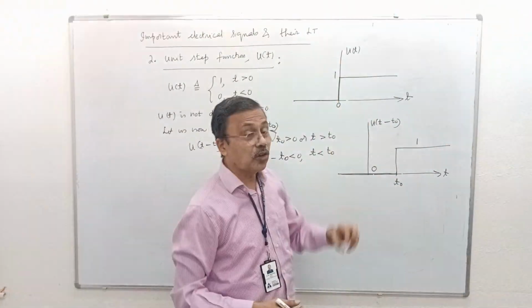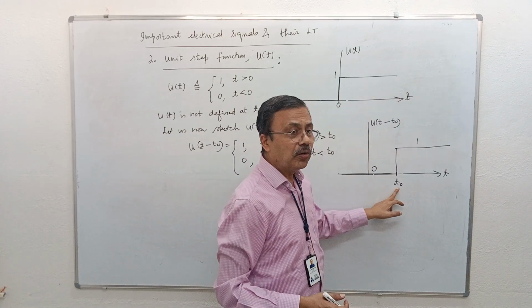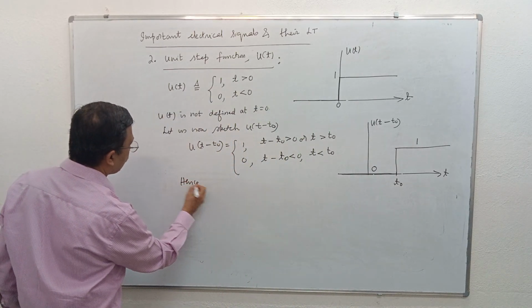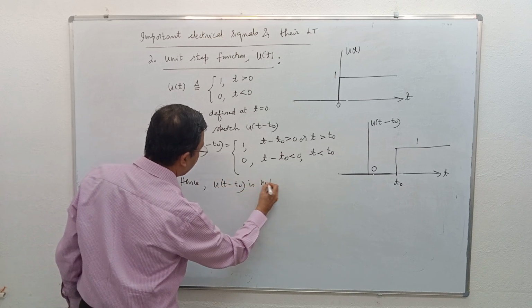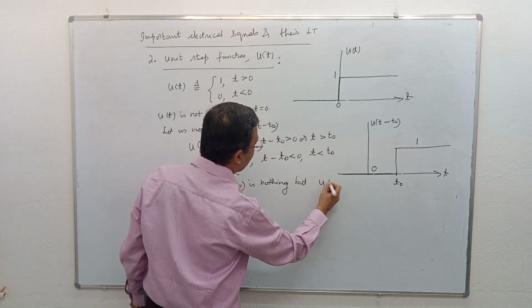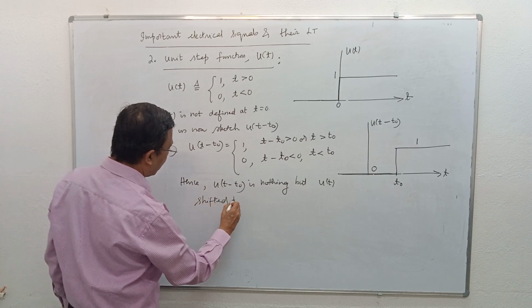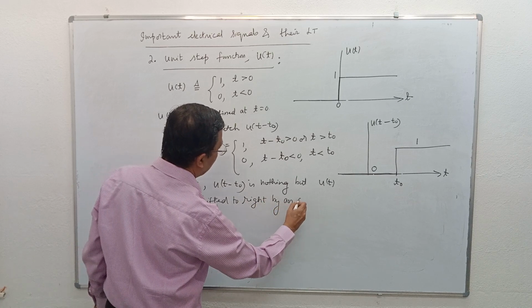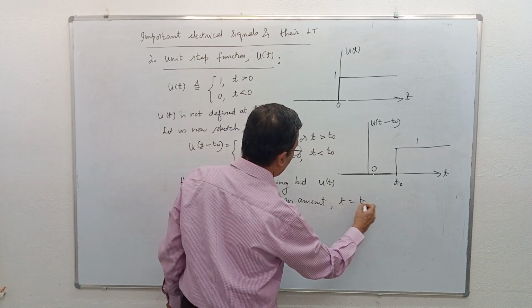So u of t minus t naught means u of t shifted to the right by an amount equal to t naught.